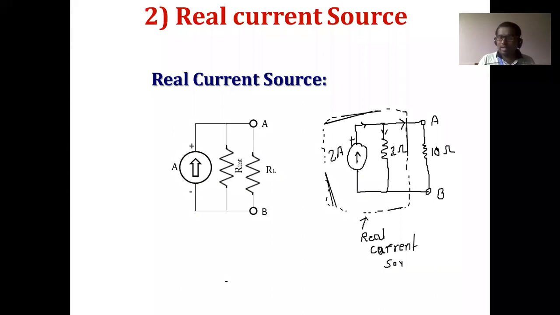Due to the internal resistance, not all current will take the path of the 10 ohm resistance. That is the reason the real current source will not maintain a constant current between the terminals A and B, because some part of the current flows through the internal resistance.